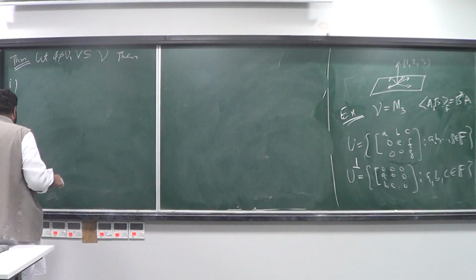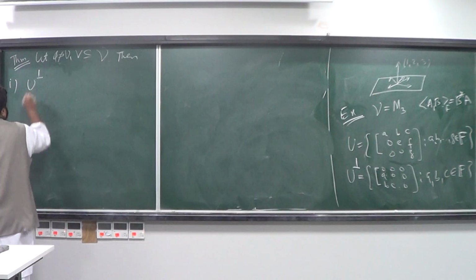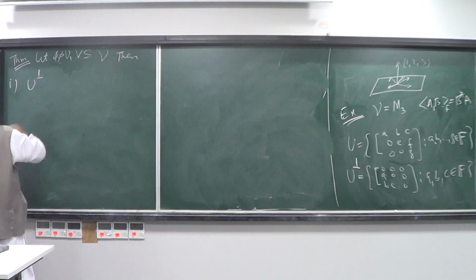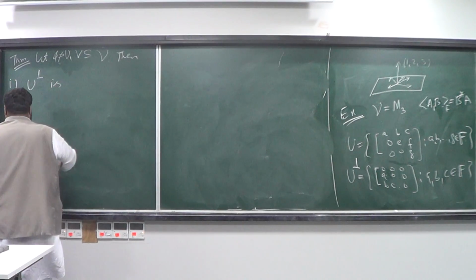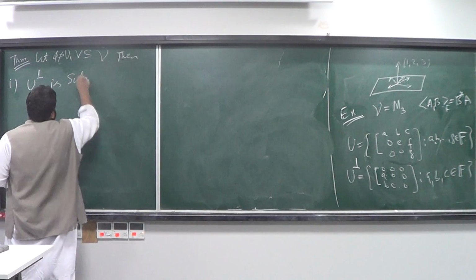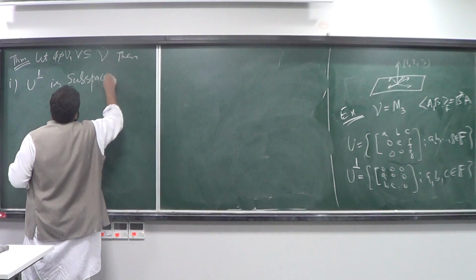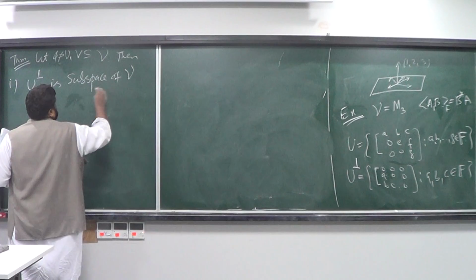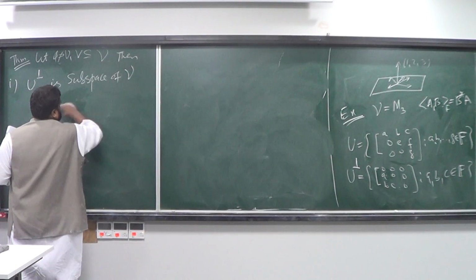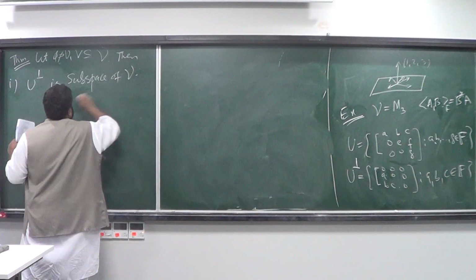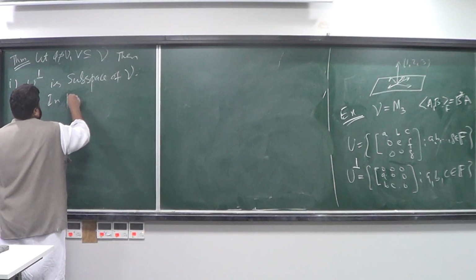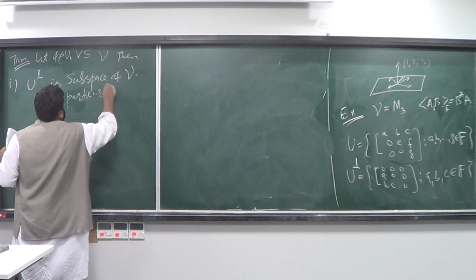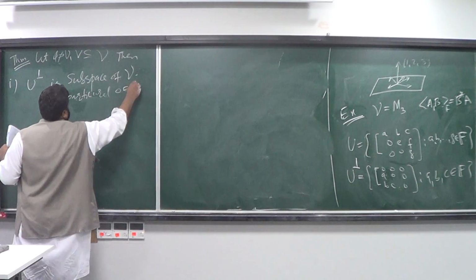Number one, the orthogonal perp of any subset of an inner product space is always a subspace of V, containing 0. In particular, it contains 0.